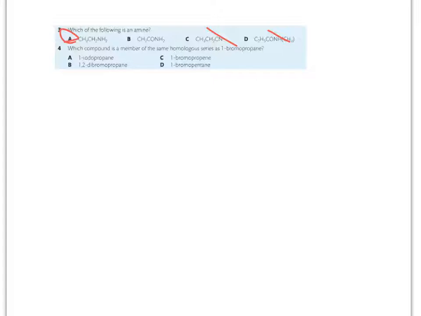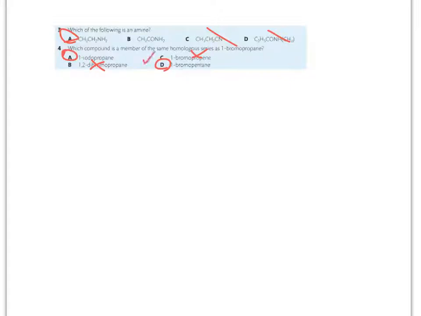So as I look at that, 1-iodopropane is a halogenoalkane, so this looks like a possibility. 1,2-dibromopropane is called a dihalogenoalkane, so that isn't quite as close. 1-bromopropene isn't as close. 1-bromopentane. So I would say either A or D.